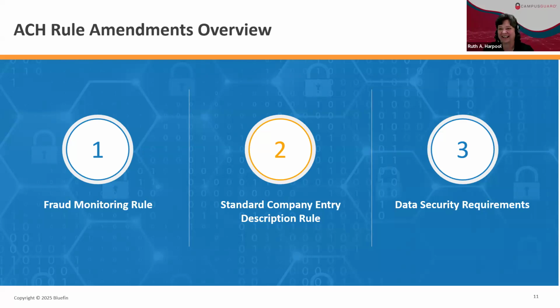So ACH rules and guidelines are easily accessible, and I'm going to talk about some of the data security requirements that are coming forward and some that are already existing today and how they apply to you. When it comes to personally identifiable information, a lot of that is governed by how it's being received and why it's being received, what state you're in, what your school's data security requirements are, and other factors similar to that.